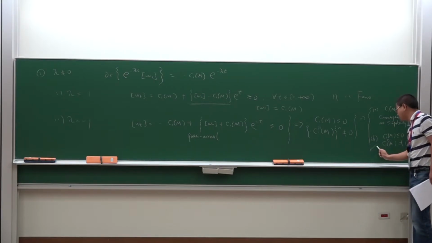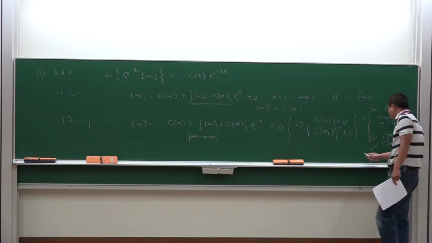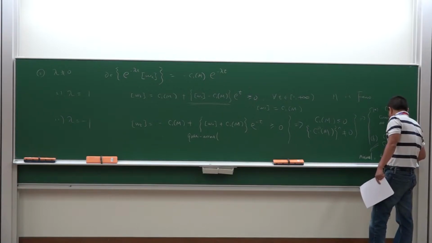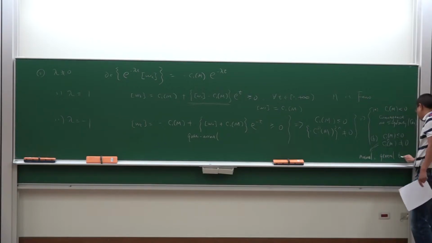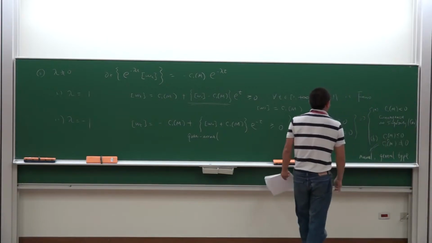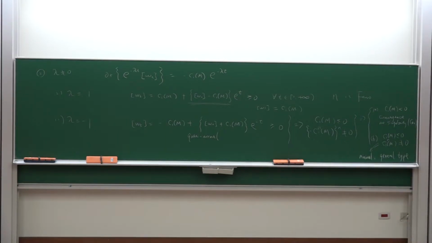In this case, as introduced by Ben yesterday, we know that the manifold is a minimal general type. So now we can compare these two Kähler-Ricci flows.